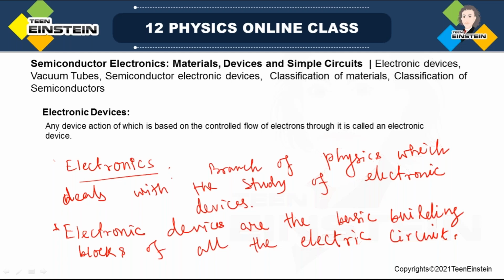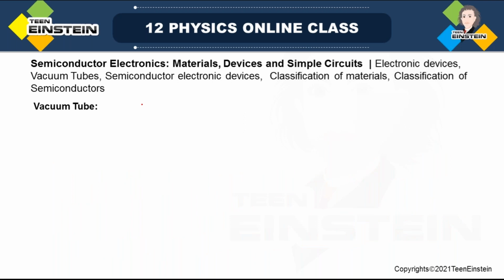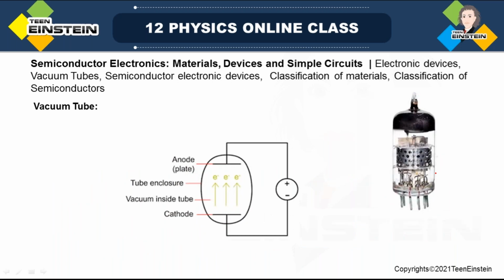Now you might be thinking that electronic devices are fine, but if we go to the history, even some 100 years back, the electronic devices were vacuum tubes. What are vacuum tubes? I'll show you an image of a typical vacuum tube.